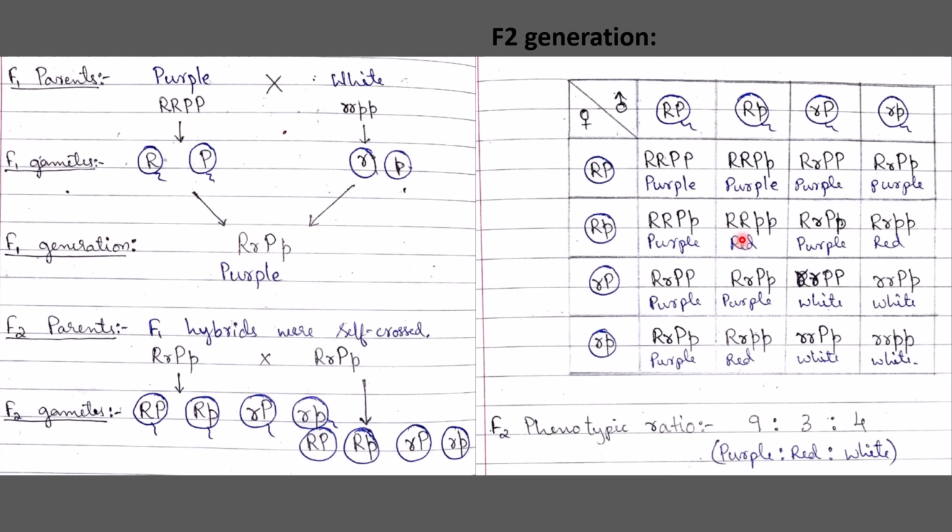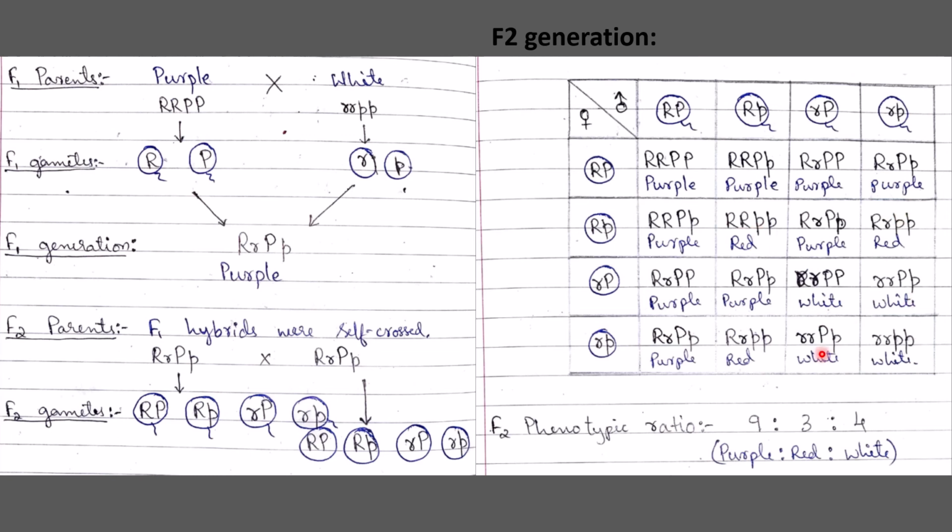That is, there is a white substrate, and with the presence of dominant gene R, the red product is produced here. There is no dominant allele P to convert red to purple, no supplementary gene present. That is how these 3 are red.